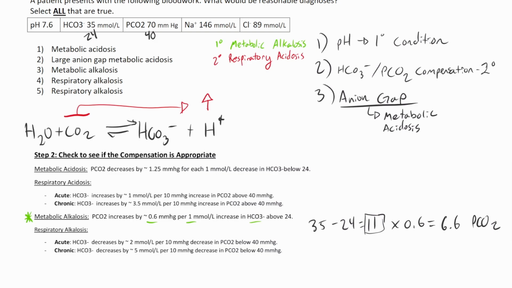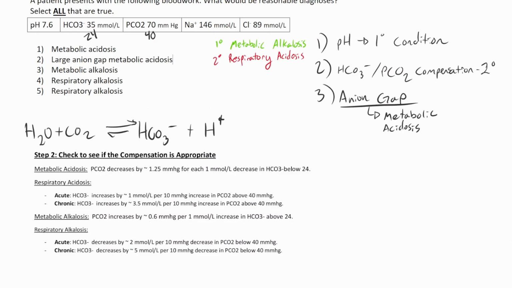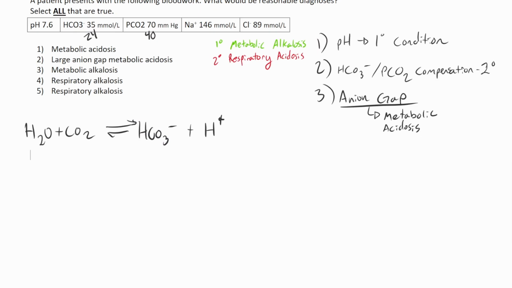So let me get rid of these compensation values really quick. Just erasing things we don't need right now. Anion gap. I'm going to grab a different color.